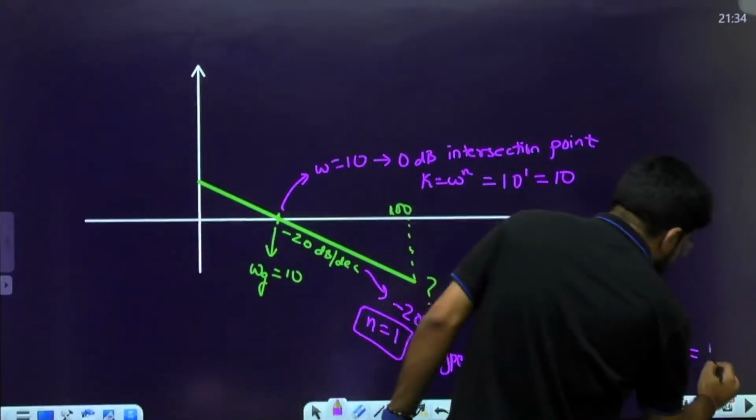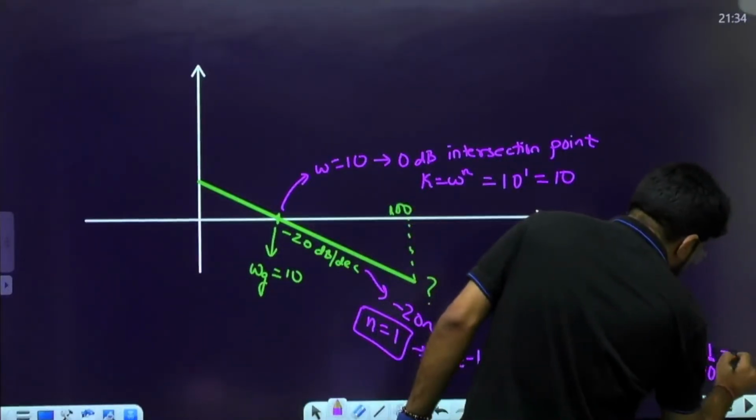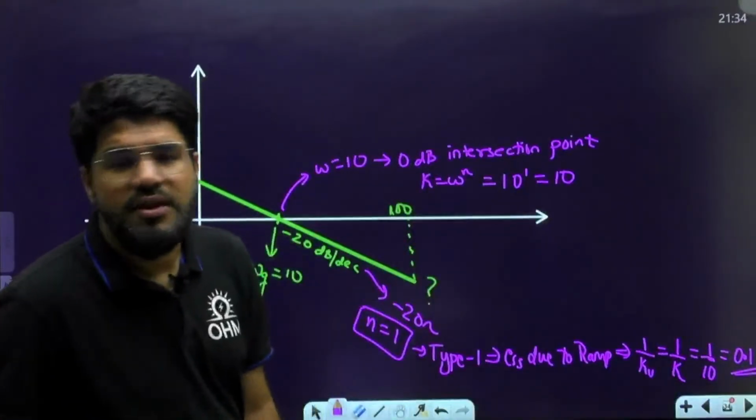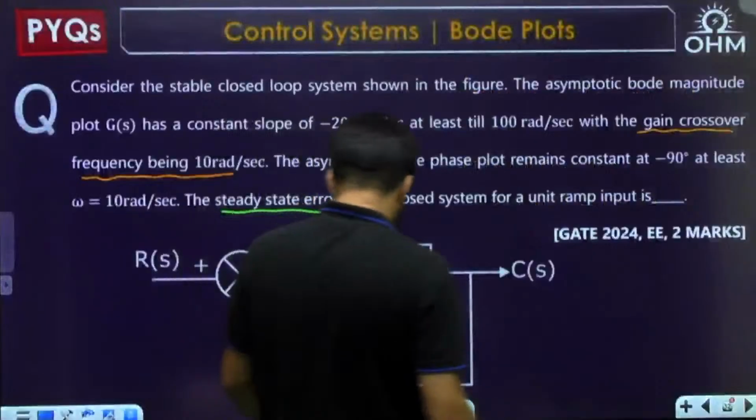So my answer is 1 by 10. That means the error is 0.1. The final answer for the error is 0.1.